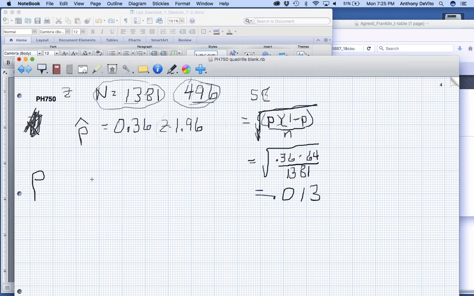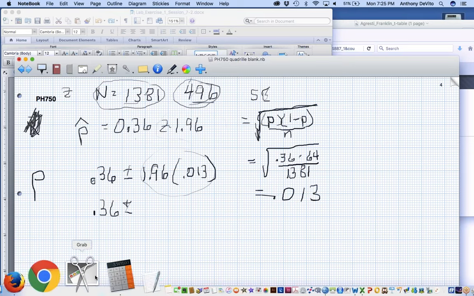Well, it's going to be equal to 0.36 plus or minus 1.96 times 0.013. So that's going to get even bigger now. My margin of error is going to be 1.96 times that number.